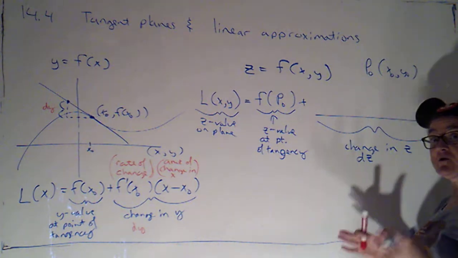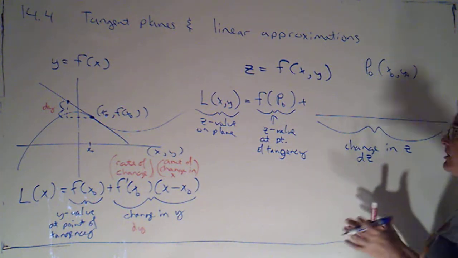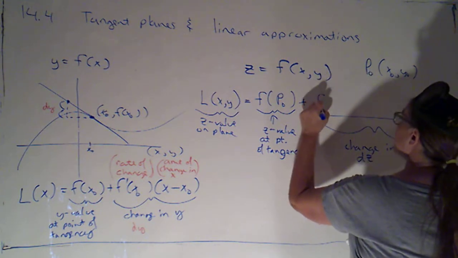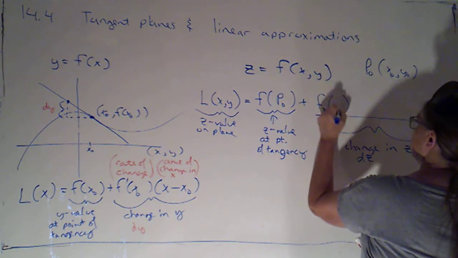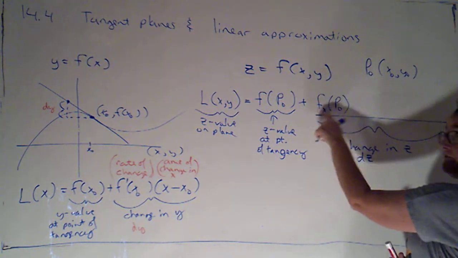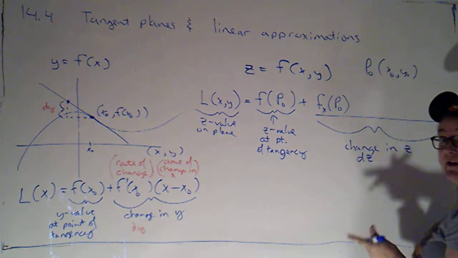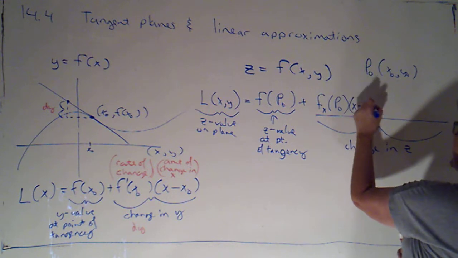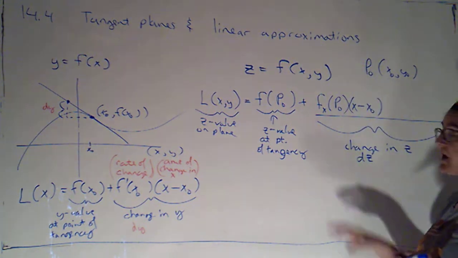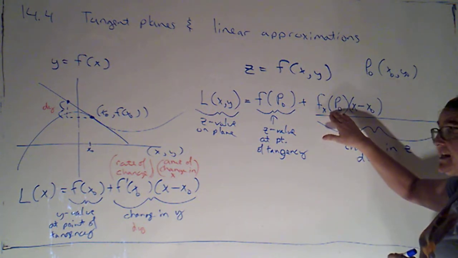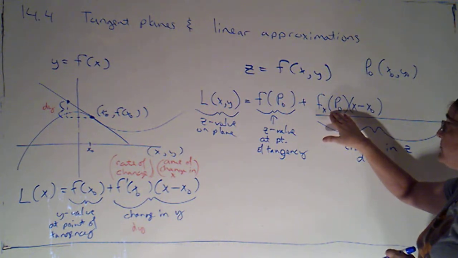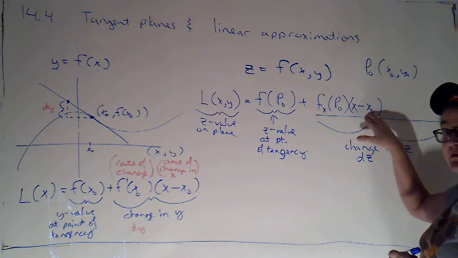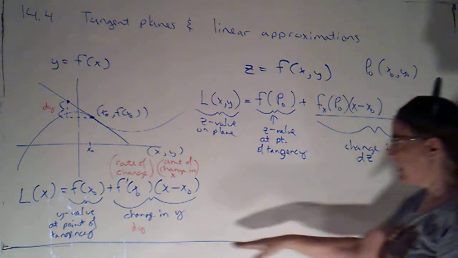So what measures the rate of change of z with respect to x would be the partial derivative of f with respect to x, evaluated at the point I care about, and then I'm going to multiply that by x minus x naught. So notice that's the rate of change of z with respect to x multiplied by the amount that x changes.